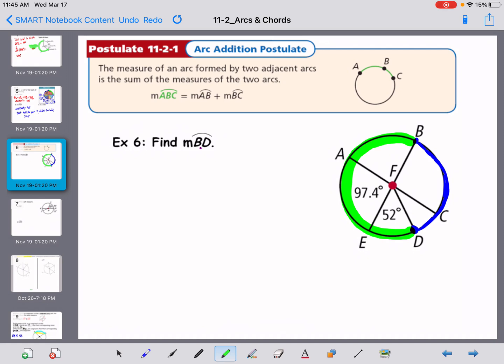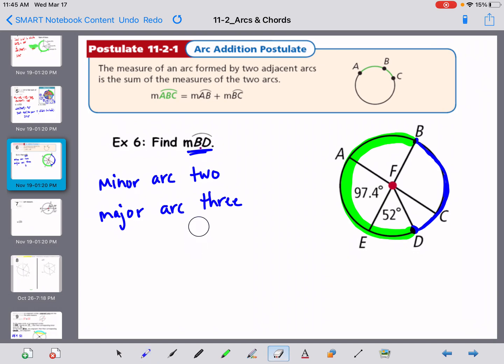Well, I know that because this is how you would label a minor arc. Remember, minor arc, 2 letters. A major arc would be 3 letters. So if I were talking about the green one, I would have said B-A-D, or I would have called it B-E-D.